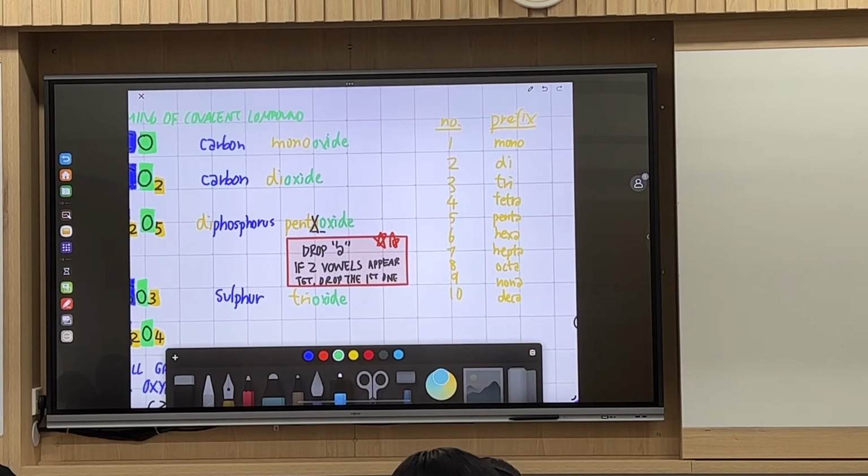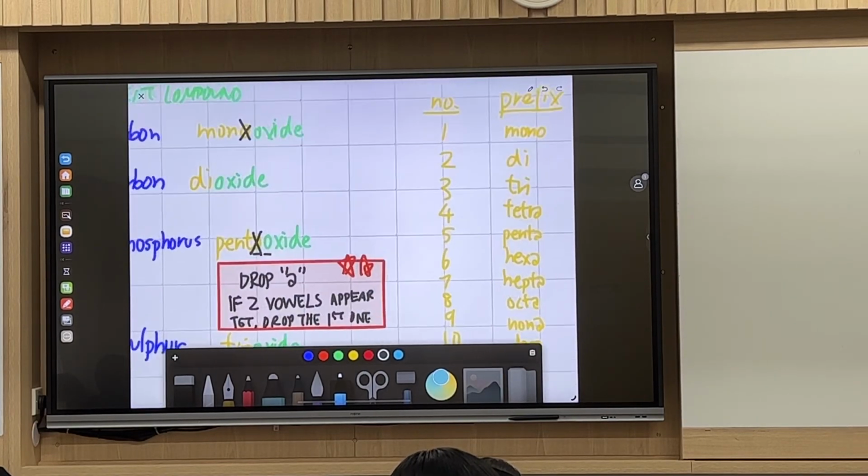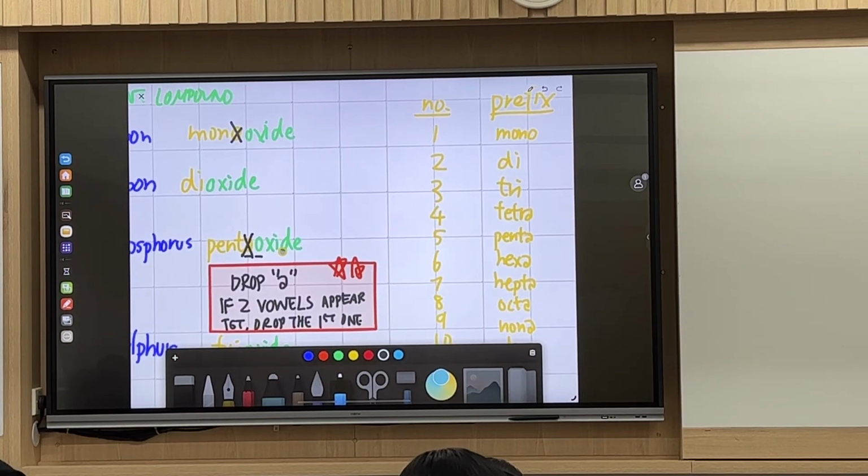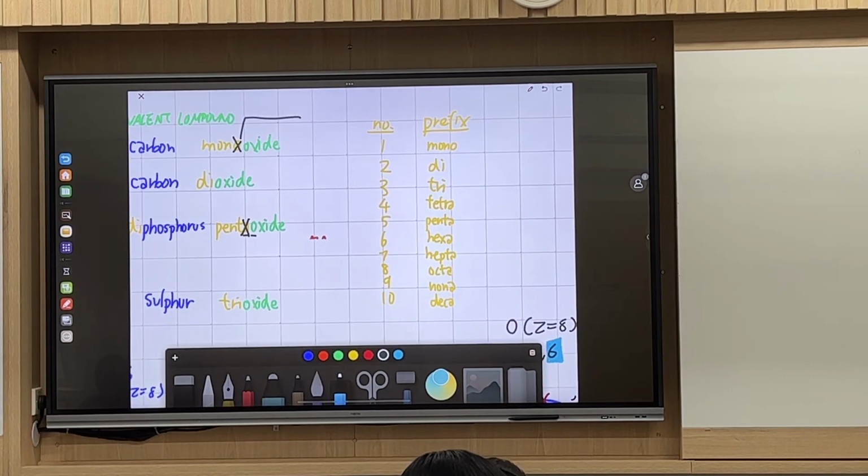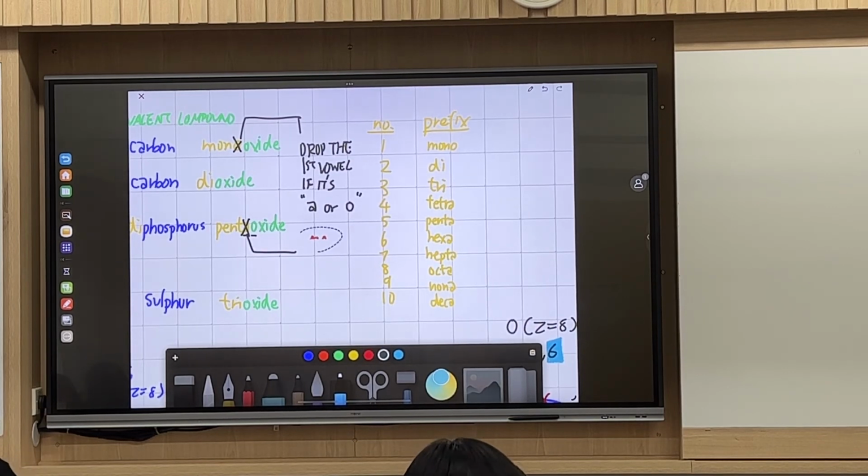So let me clarify. You only drop the first vowel if it is A or O. You don't have to drop the vowel if it is I. So drop the first vowel if it is A or O, not when it is I. This is why you still see I in here.